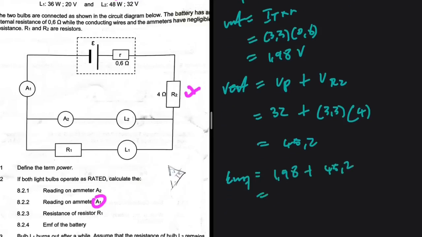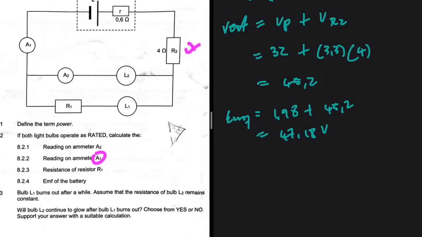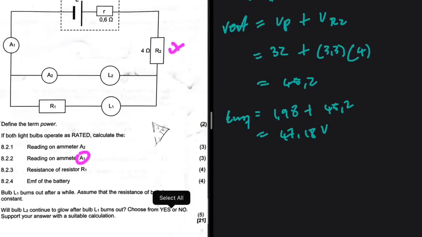So 45.2 plus 1.98 is equal to 47.18 volts. Right, that is the EMF of the battery. Obviously there's other ways of doing it, as it is quite clear.